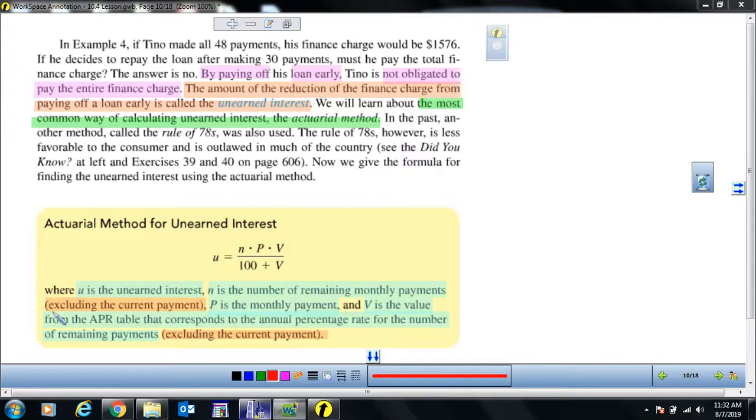P is the monthly payment, the amount for the monthly payment, and V is the value from the APR table that corresponds to the annual percentage rate for the number of remaining payments, excluding the current payment. So for V, you need to use the table to figure out what number is going to go there. You can see the formula here.